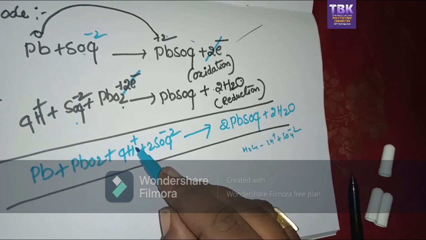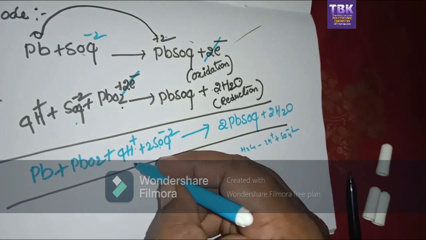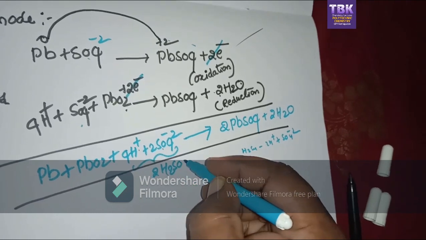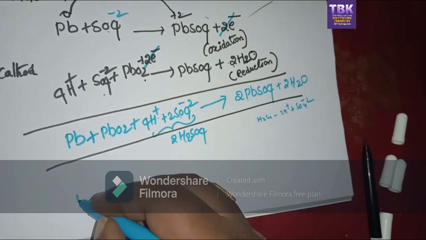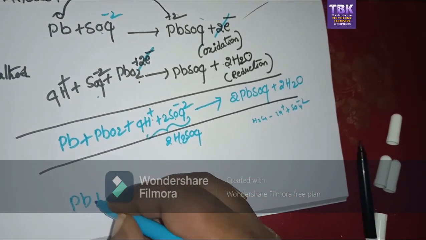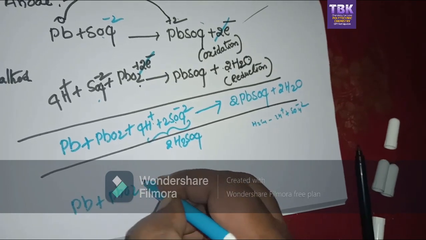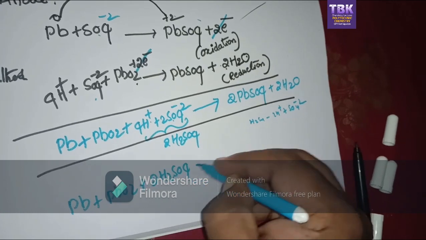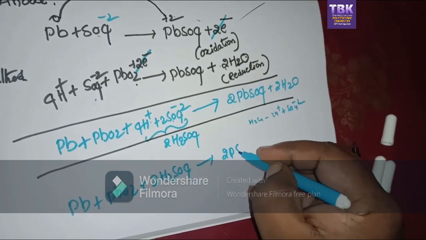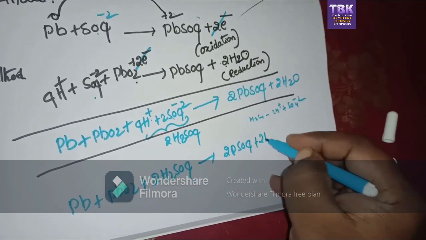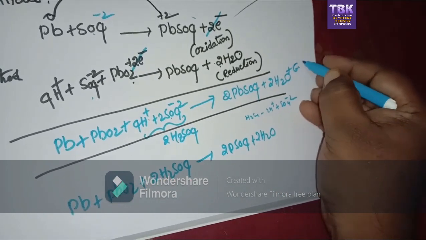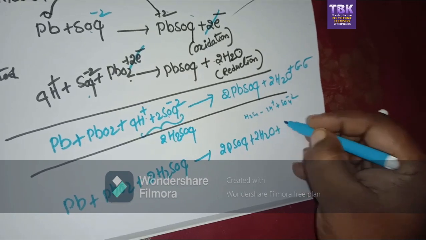So it has 4 H plus ions and 2 sulfate ions, nothing but 2 H2SO4. So if you want to write this reaction in simple, Pb plus PbO2 plus 2 H2SO4 giving rise to 2 PbSO4 plus 2 H2O, and also it will generate the electrical energy.